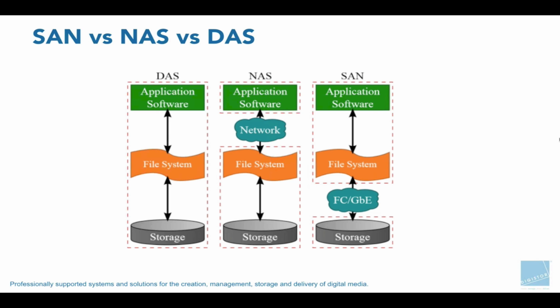Next up, I'm going to talk about SAN, NAS, and DAS. So DAS, or direct attached storage, is a storage device that directly connects to one computer. It would typically connect over Thunderbolt, SAS, Firewire, eSATA, or USB, and it can vary in performance and price. NAS is a network-attached storage device which connects over Cat5 or Cat6 network copper cabling.